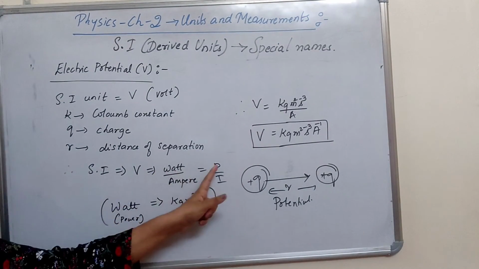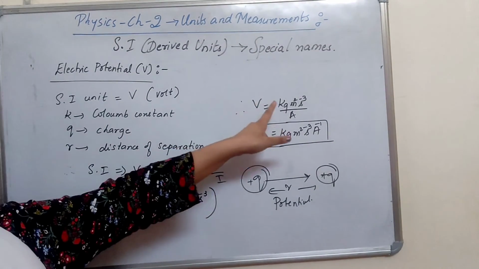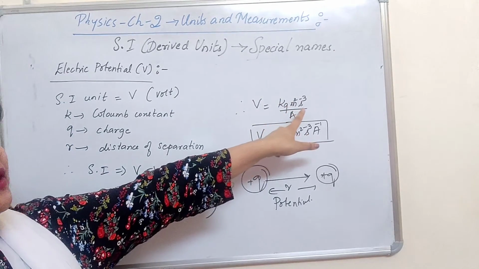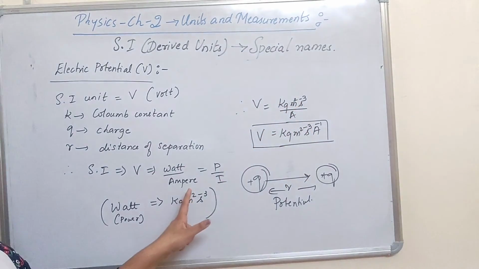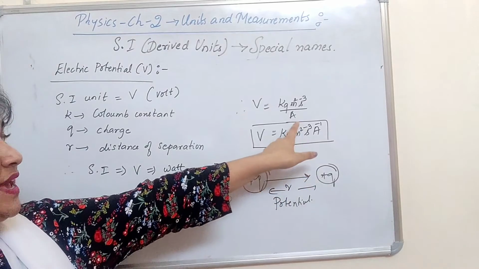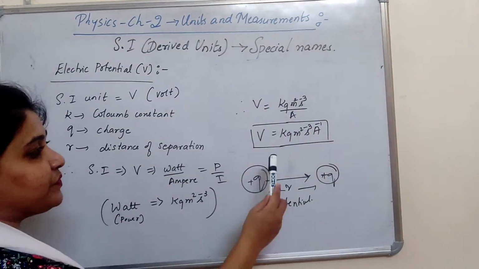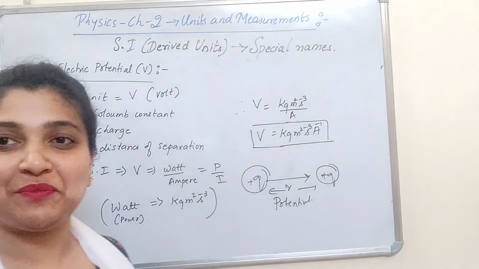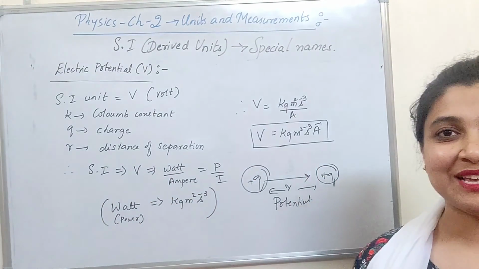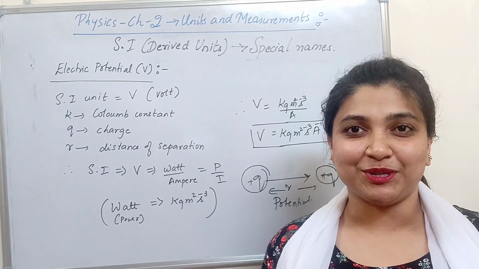So therefore, watt is nothing but what, student? Power, which we derived earlier, kg meter square per second cube divided by ampere A. So therefore, bring ampere up, it will become per ampere, A raised to minus 1. So therefore, this is nothing but electric potential in terms of my base quantities. I hope you understood till here.